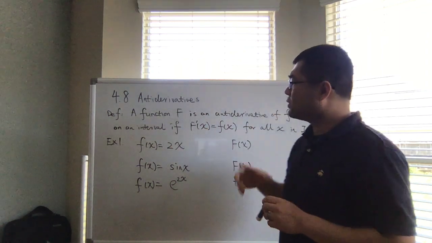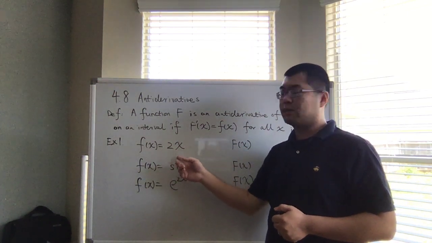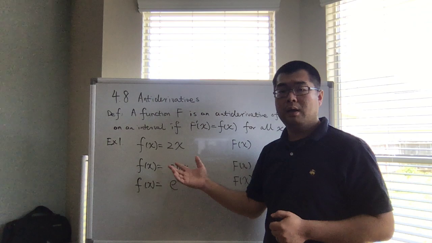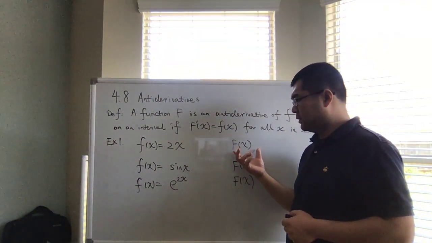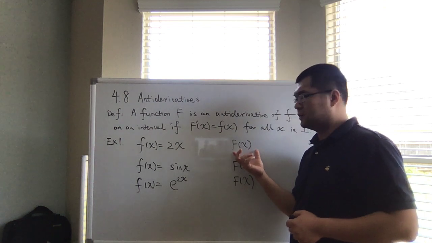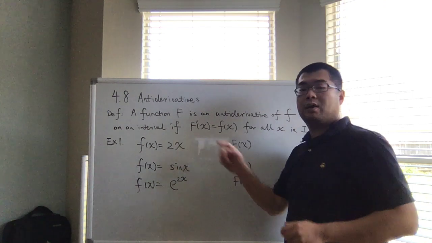The question is like this: if I have a function, let's say f(x) equals 2x, which function is the capital F(x) such that when you take the derivative of this part, it gives you 2x?